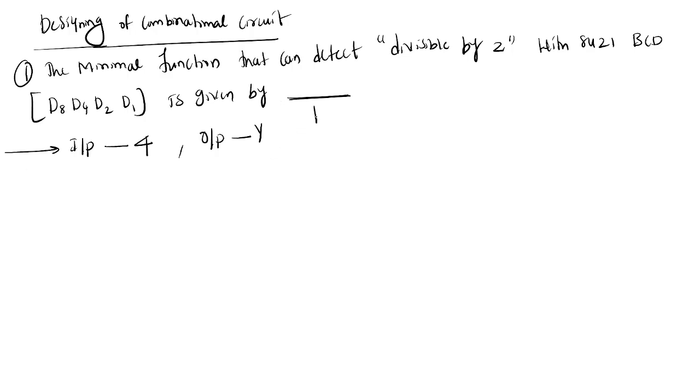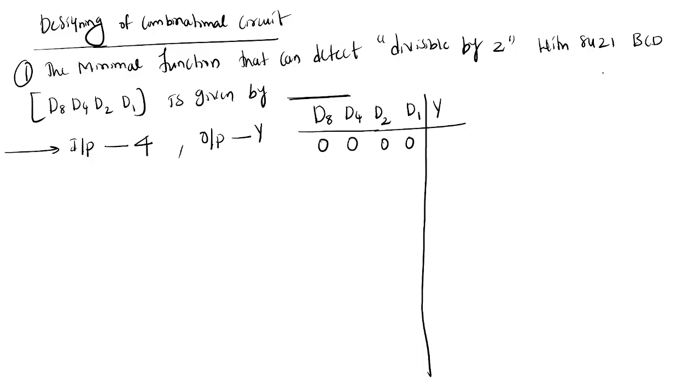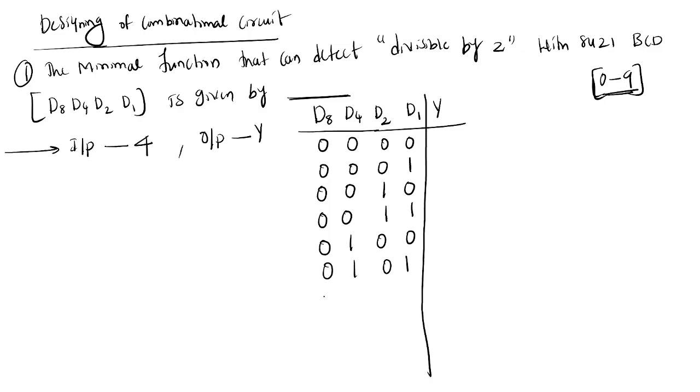Here I am drawing the truth table. Let us take the inputs as D8, D4, D2 and D1, and the output is Y. BCD means binary coded decimal, and the range of the BCD is from 0 to 9 only. So 0000, 0001, 0010, 0011, 0100, 0101, 0110, 0111, 1000 and 1001, that is 9.